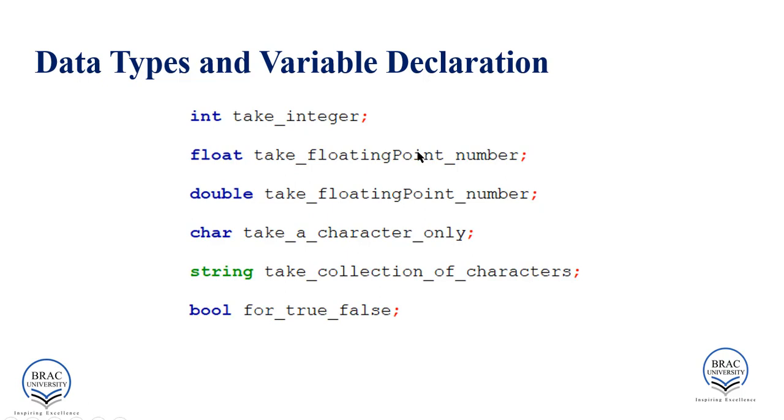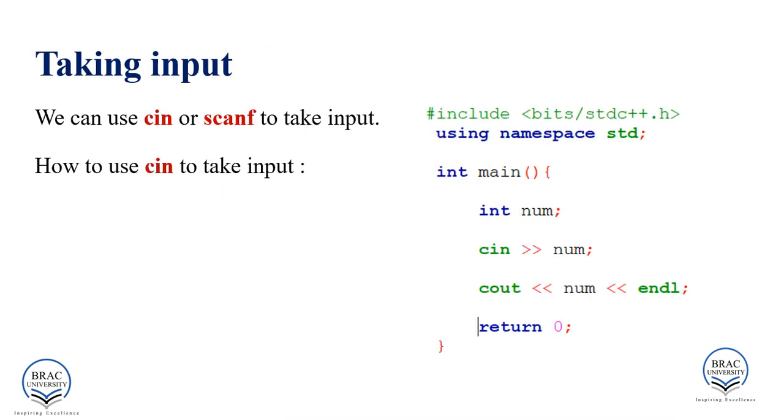We already know int is for numbers, float is for floating point numbers, double is for larger floating point numbers, char when we need a character, string when we need a collection of words or any sentence, and bool is for true or false. Always remember that we will avoid using float. Double is preferable. When solving a problem, always try to use double, never use float.